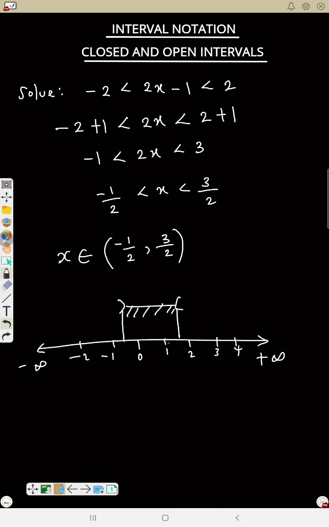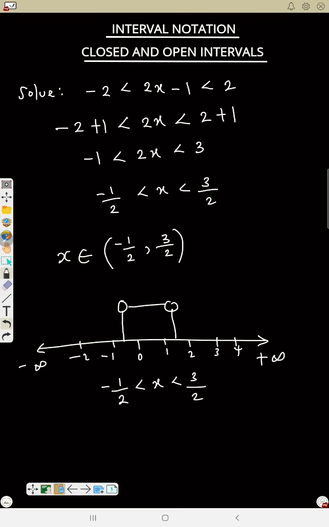So from here to here, we can represent the notation anyhow you like, but the one we are used to is this. You will not shade this because it's open and it is less than. So that means this graph represents minus 1 over 2 is less than x, and x is less than 3 over 2.